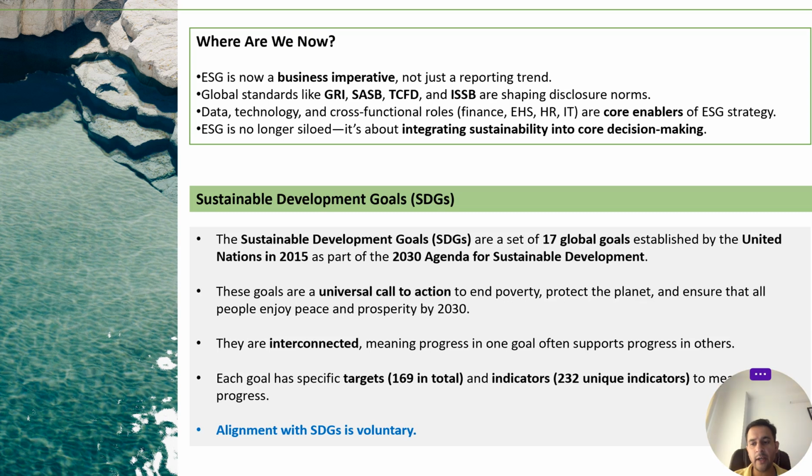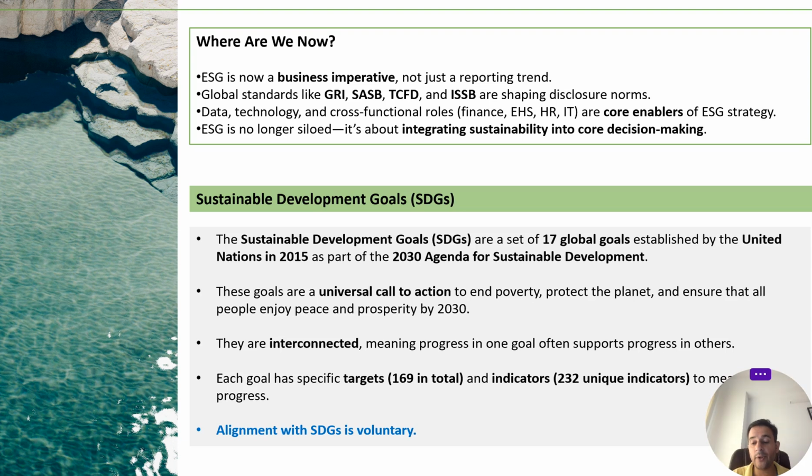Before SDGs, we had MDGs, Millennium Development Goals. But Millennium talks about a specific time frame. Sustainability talks about all the future generations, right? So they should be comfortable. They should have resources at their disposal, right? So these 17 sustainable development goals are in all these three areas.